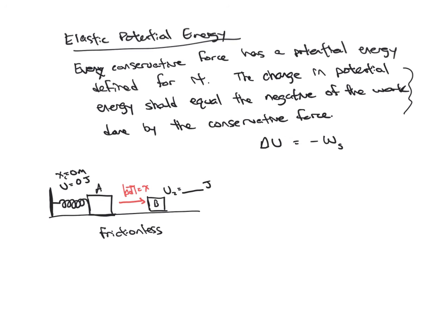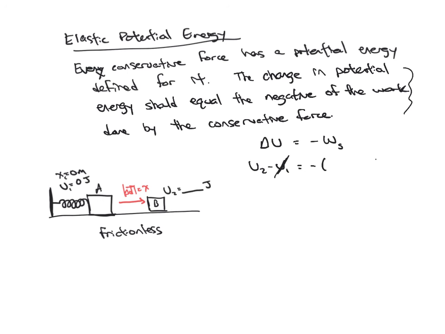So we have a negative sign stuck there in front, so that two negatives make a positive. Okay, that's not a very good explanation, but we'll just go on from here. So delta U would be U2 minus U1, where I started this situation off with no stretch in the spring. And this will be the negative of the work done by the spring.